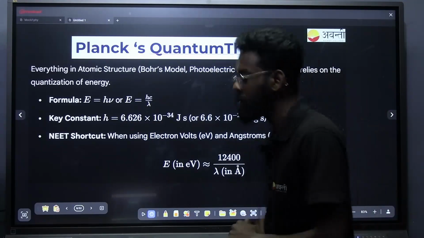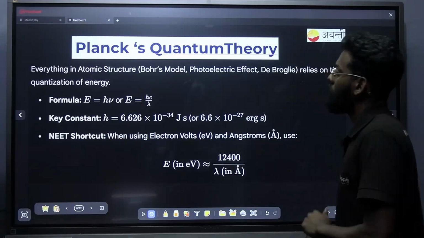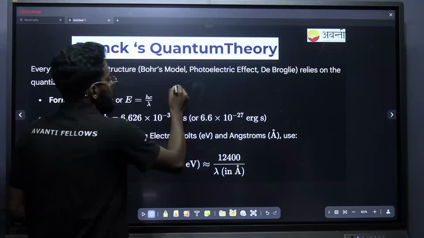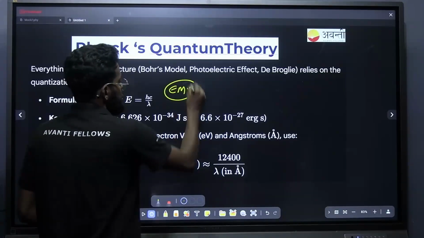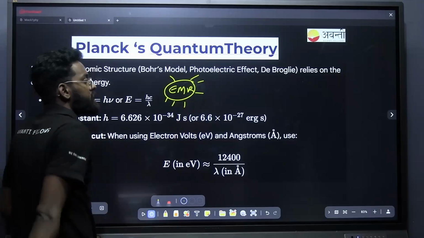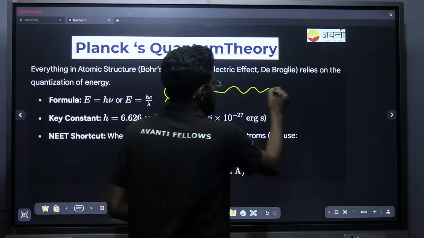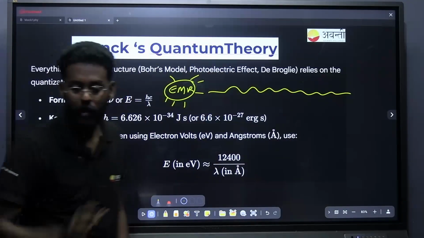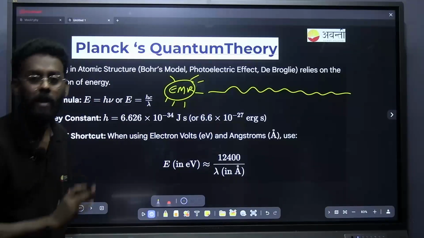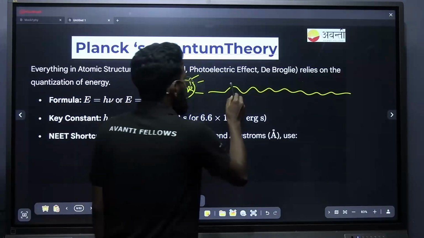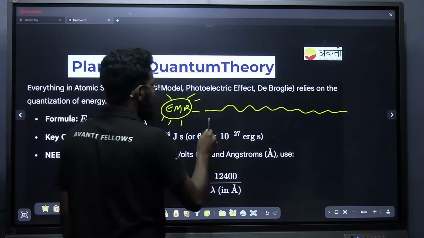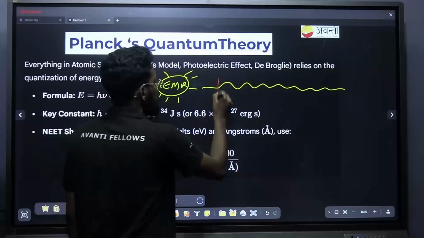Okay, Planck's quantum theory. According to Planck's quantum theory, electromagnetic radiation is not actually flowing continuously like a wave. Then how is it propagating? It is propagating in the form of small packets of energy.